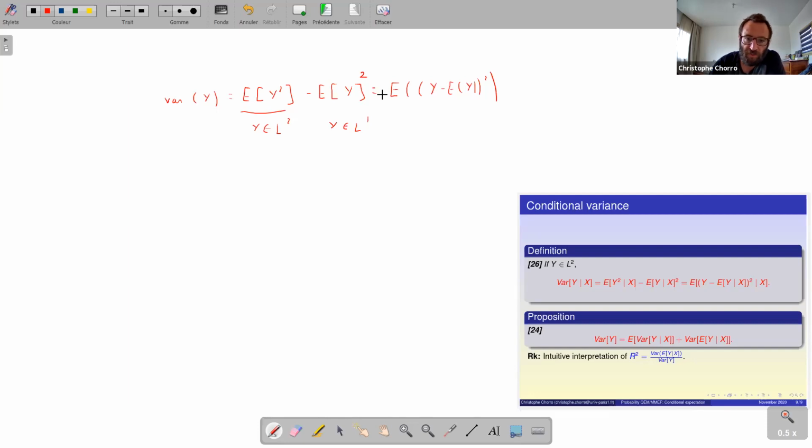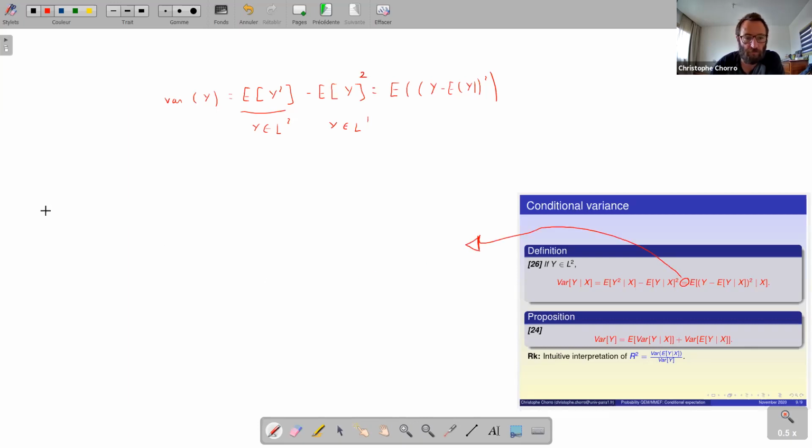So this is a natural extension of what I have written here, replacing expectation by conditional expectation. And as we have this equality here, we have in fact the following equality, that the conditional variance can also be expressed this way. So we are going to do the proof of this one because a priori it's not that easy to see the equality here.